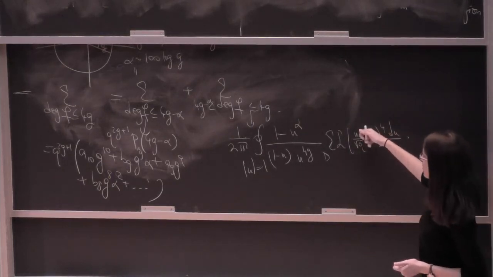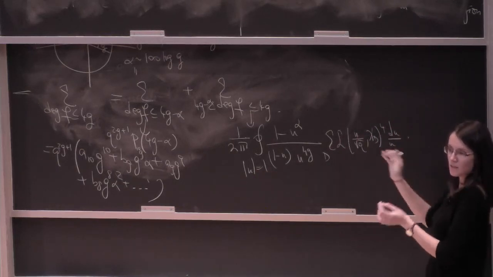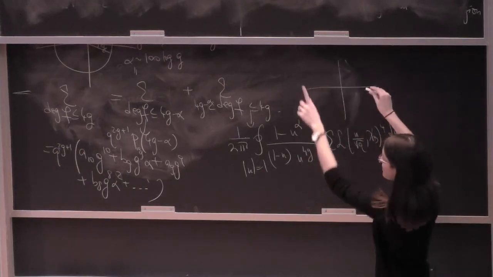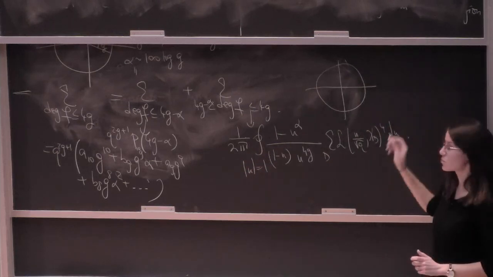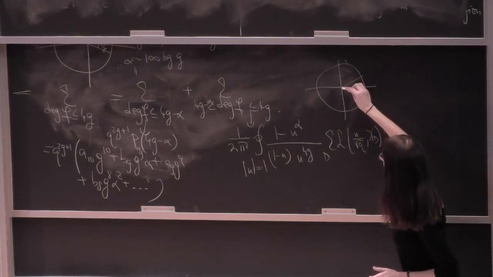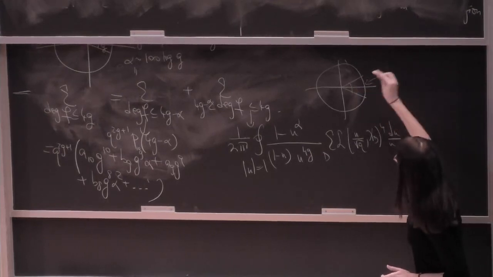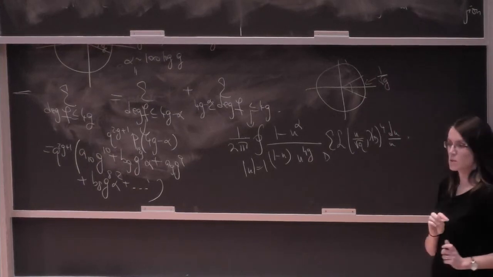So again, when u is close to the critical point, I can obtain an asymptotic formula if I'm not too far from the point 1 over square root of q. So just like I did before for upper bounds, I will divide this circle into two parts: a small arc around the origin, which now will have angle slightly bigger than before, so let's say angle 1 over square root of g.